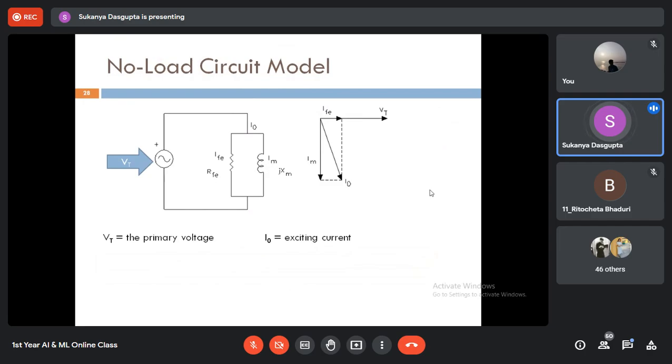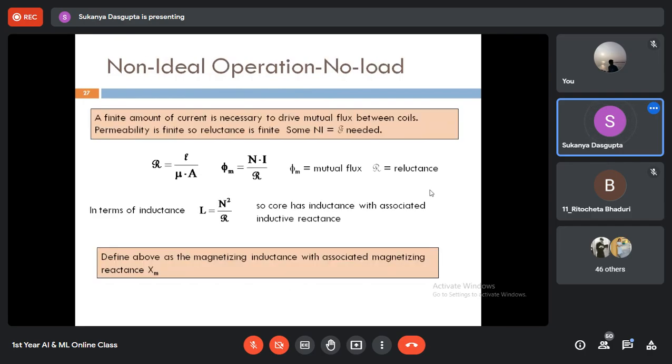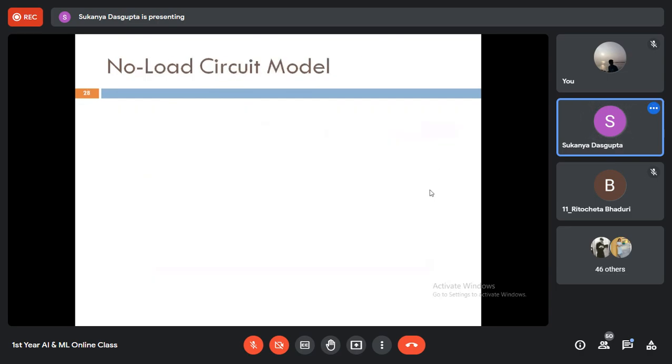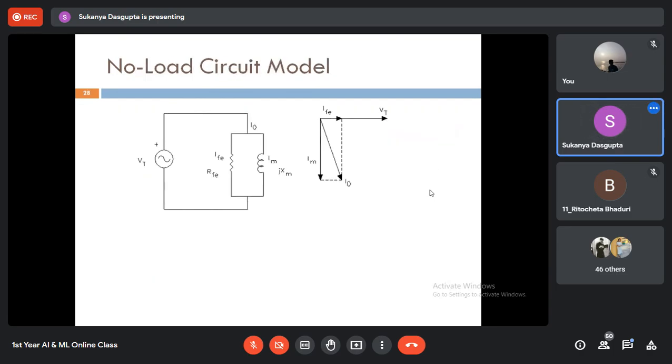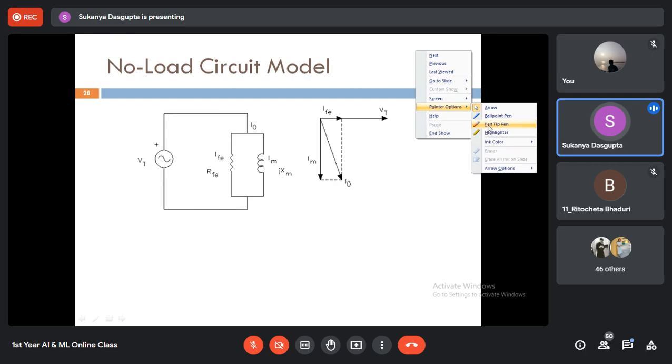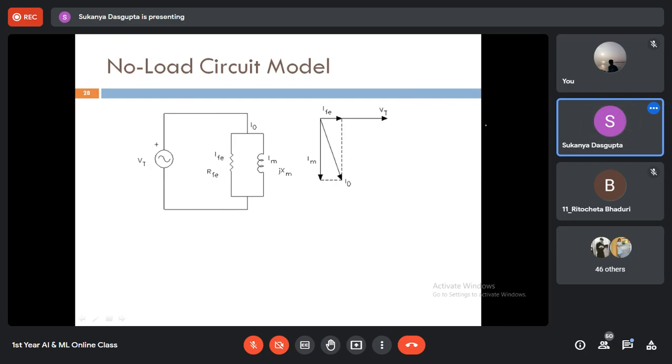Next, coming to the phasor diagram of a non-ideal transformer during no load condition. During no load condition means what? The secondary side is not connected with any load.